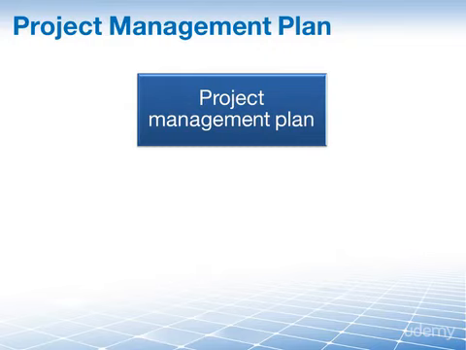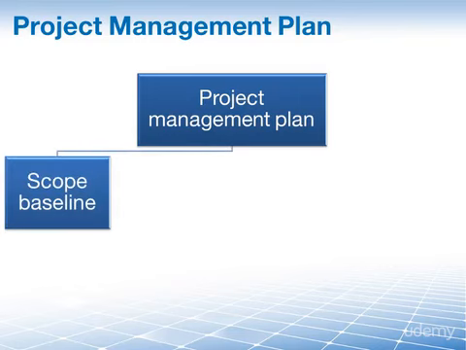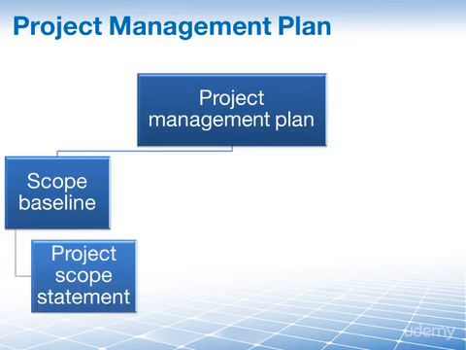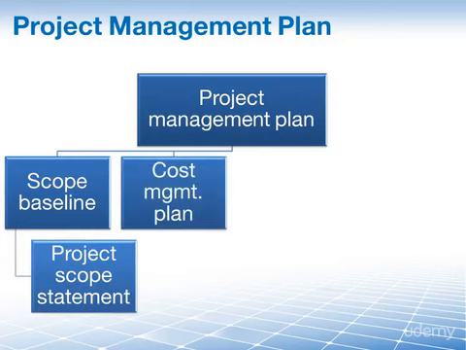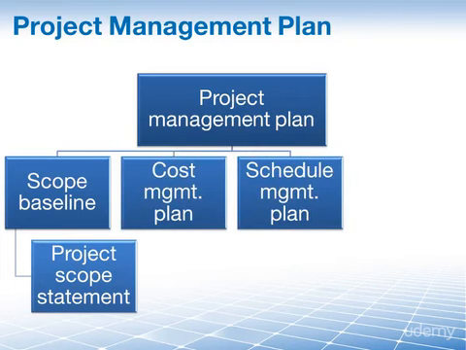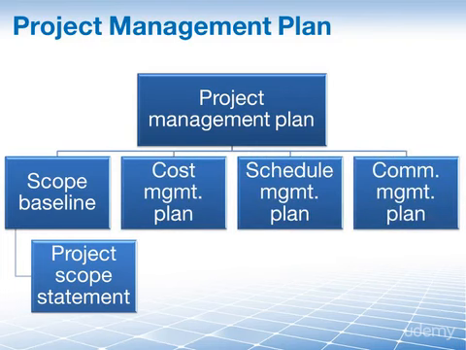The project management plan contains many subsidiary components, such as the scope baseline, which itself contains a subsidiary document, the project scope statement. Then we have the cost management plan, we have the schedule management plan, and the communications management plan. The information contained in each of these components is essential, since these are all risk-affected areas.